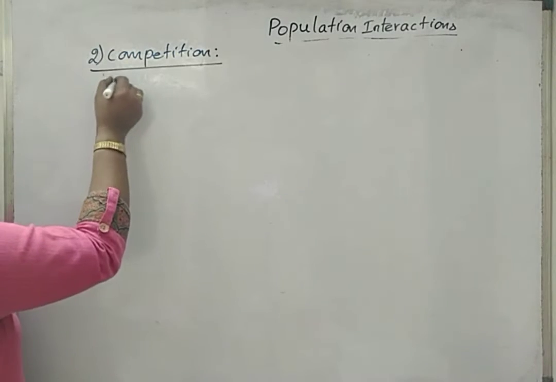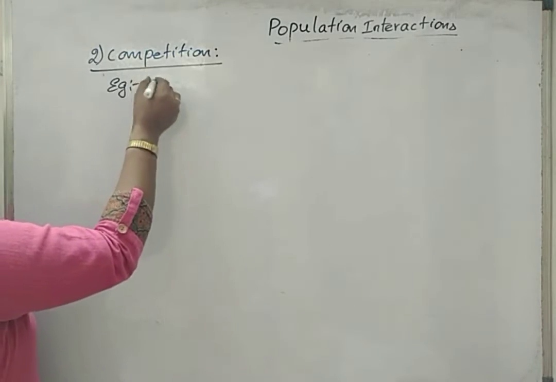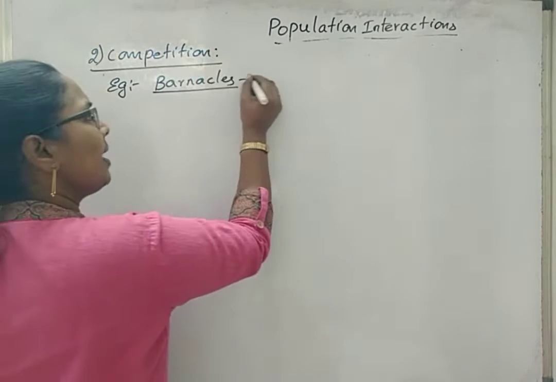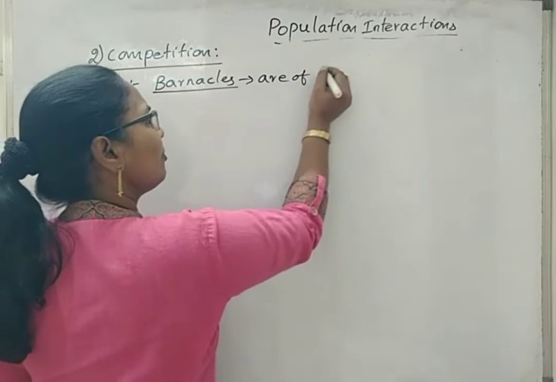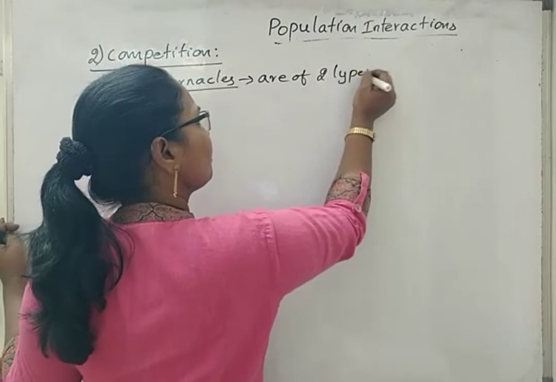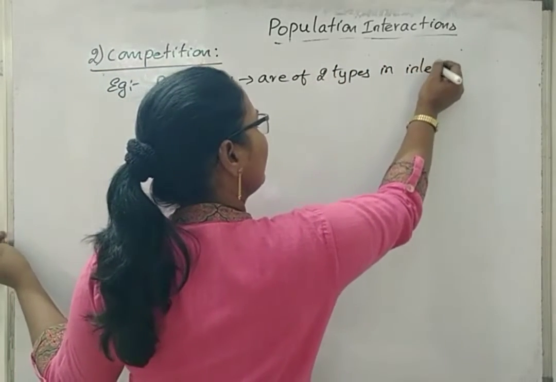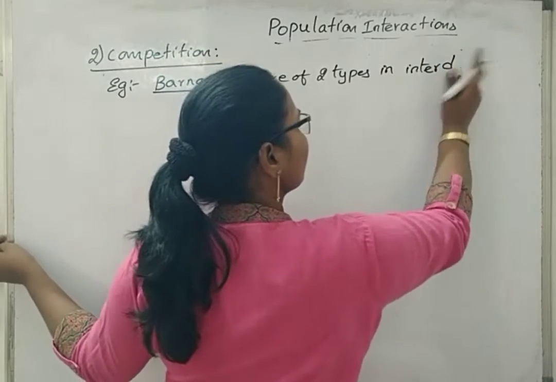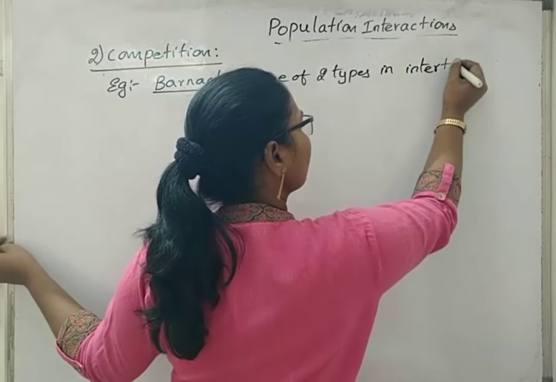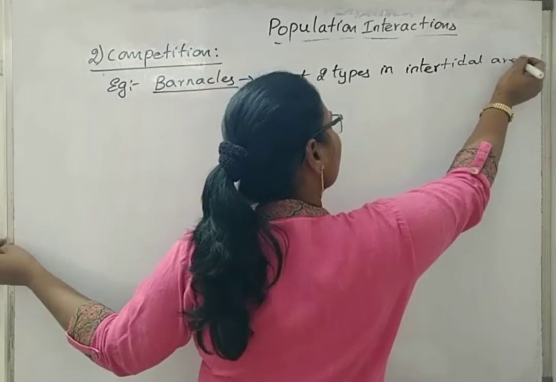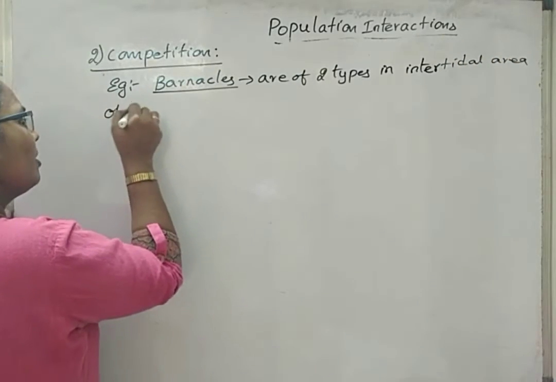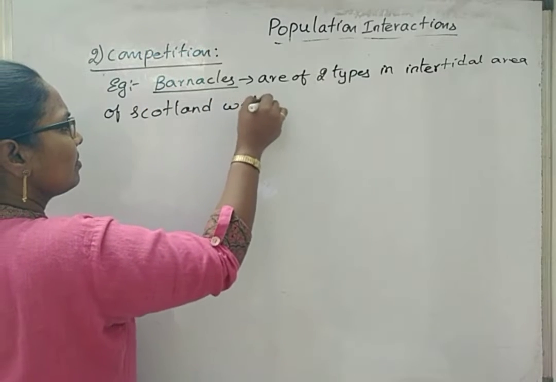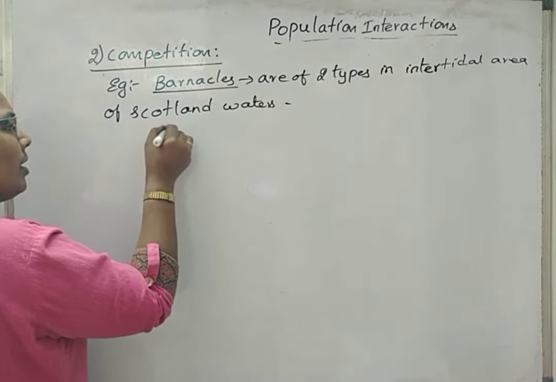Another example is about barnacles. Barnacles are of two types in the intertidal area of Scotland waters. What are those two types?